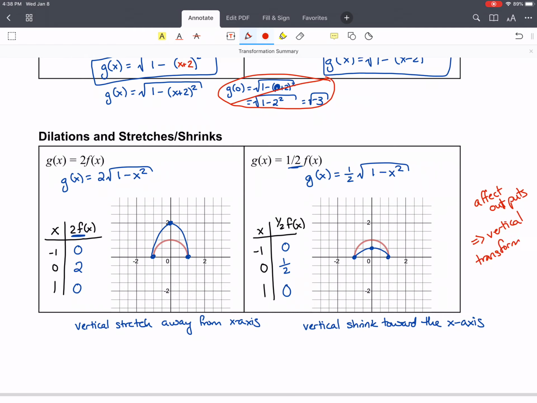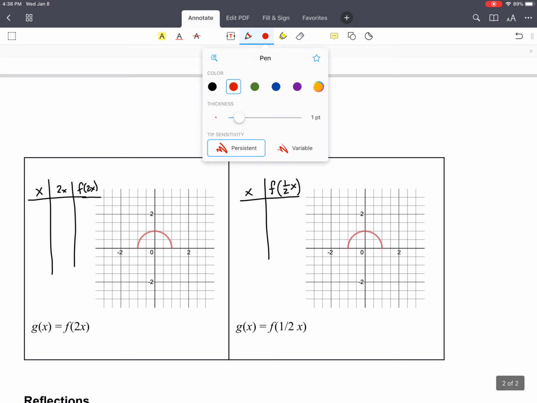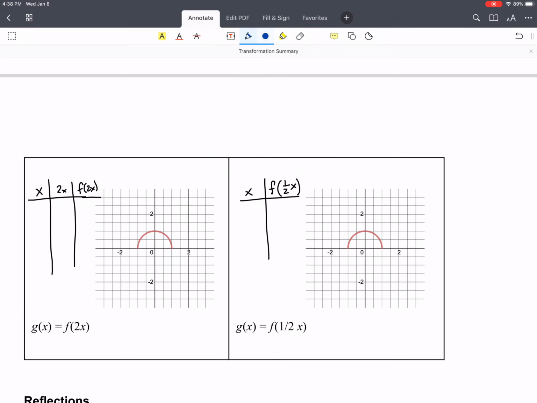Now let's look at stretches and dilations that affect the inputs. So I'm going to want to use my inputs -1, 0, and 1 into f, but that means my interesting inputs into g, so g of x is the square root of 1 minus the quantity 2x squared.